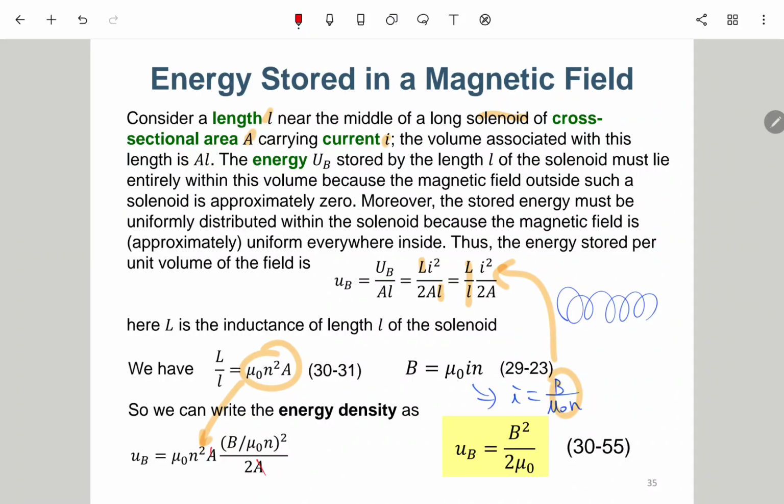A and A cancel, and then here we have n squared, cancel with this n squared. And then this mu 0 partially cancels with this one, so that it has a mu 0 in the numerator. So finally, it turns out to be 2 mu 0 in the denominator, and then B squared in the numerator. So this is U_B equals B squared over 2 mu 0.